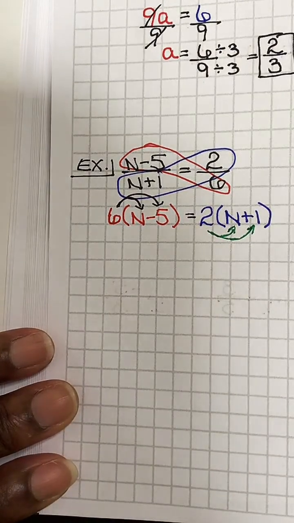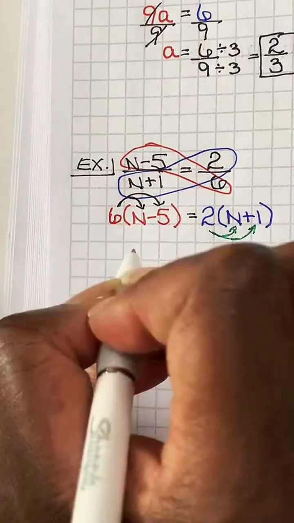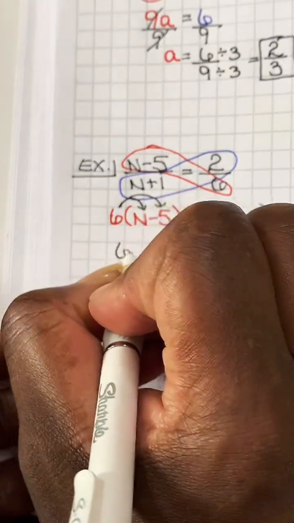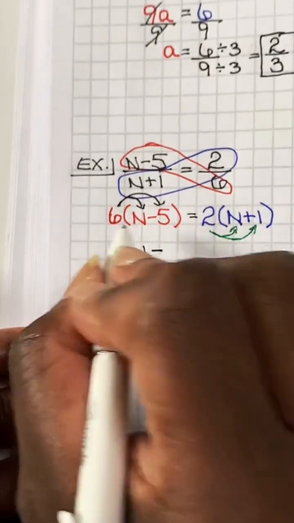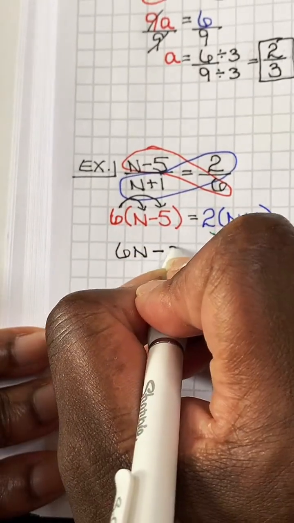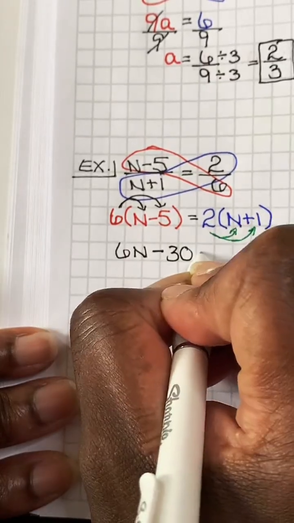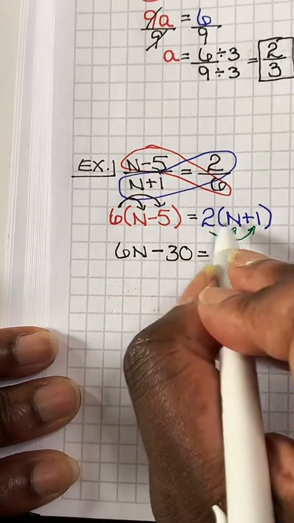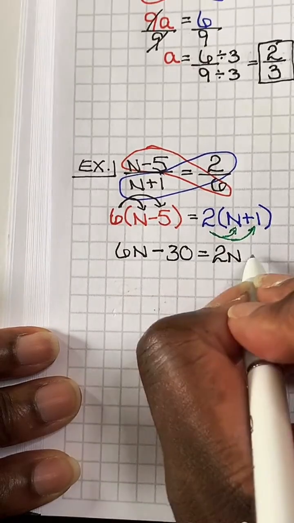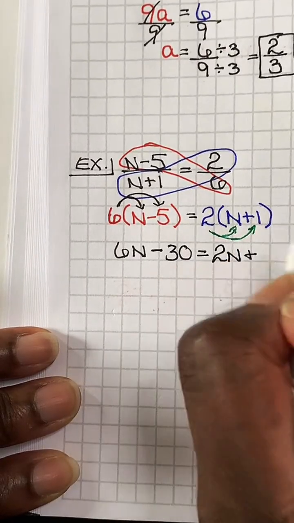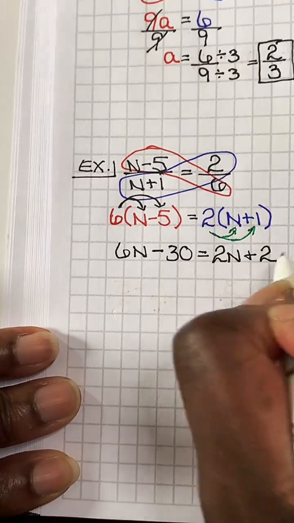All right, so here we go. 6 times n gives me 6n, minus 6 times 5 gives me 30, equals 2 times n gives me 2n, plus 2 times 1 gives me 2.